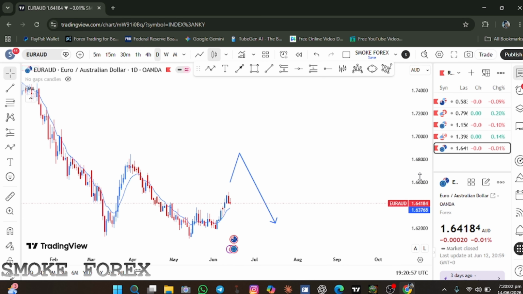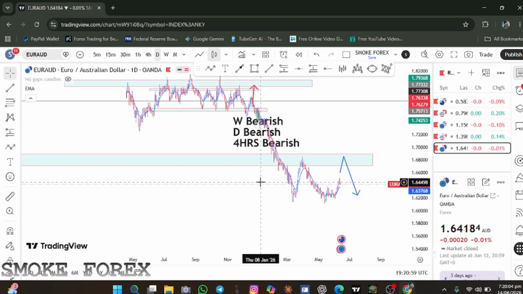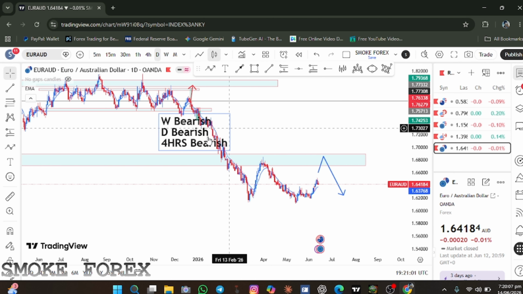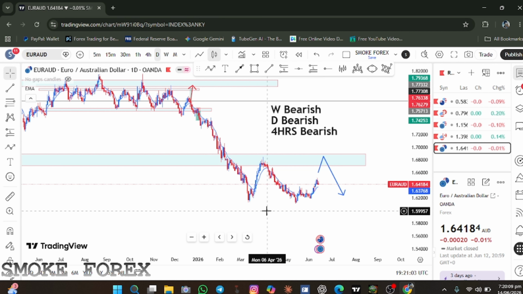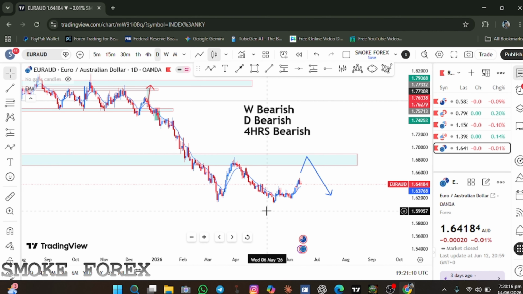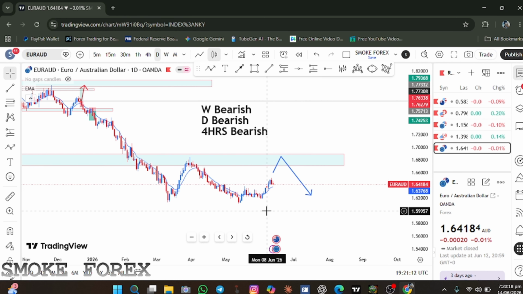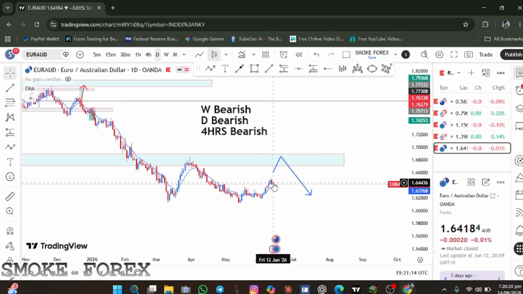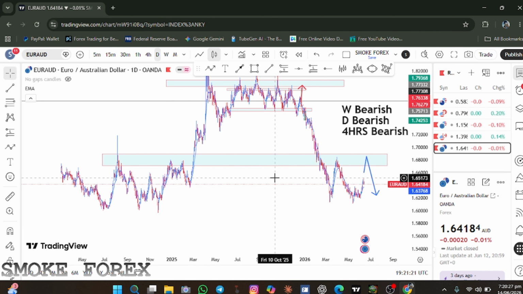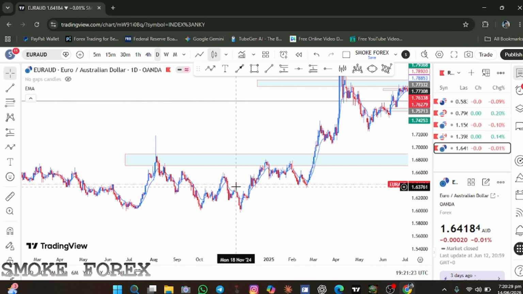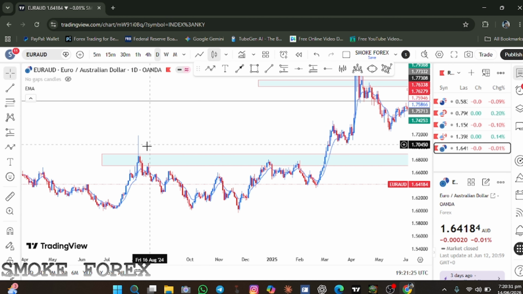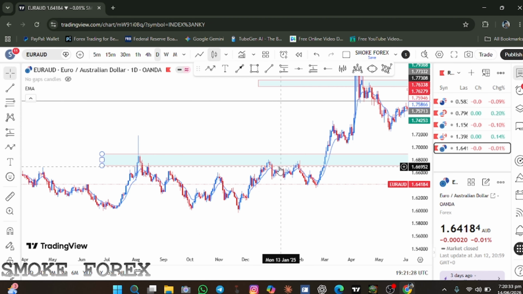With EUR AUD, this trade I'm not that much sure I'm even going to enter. With EUR AUD, the last time the market got here, it sold.